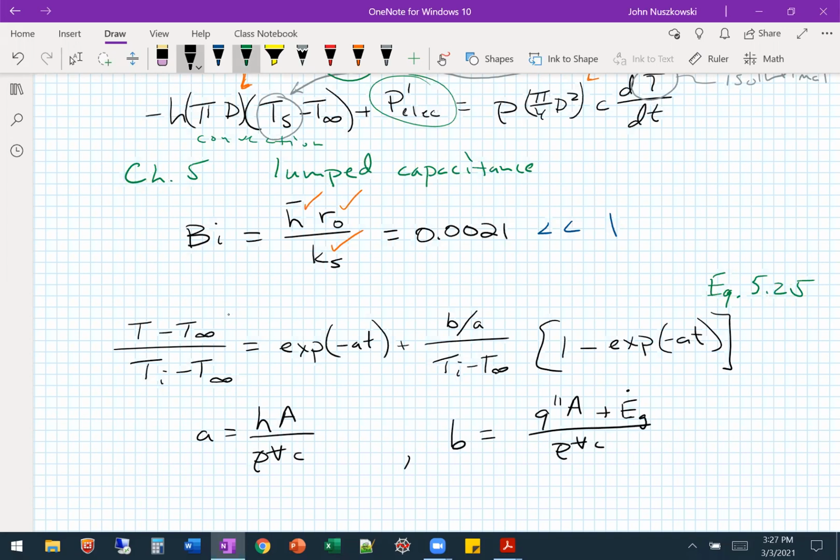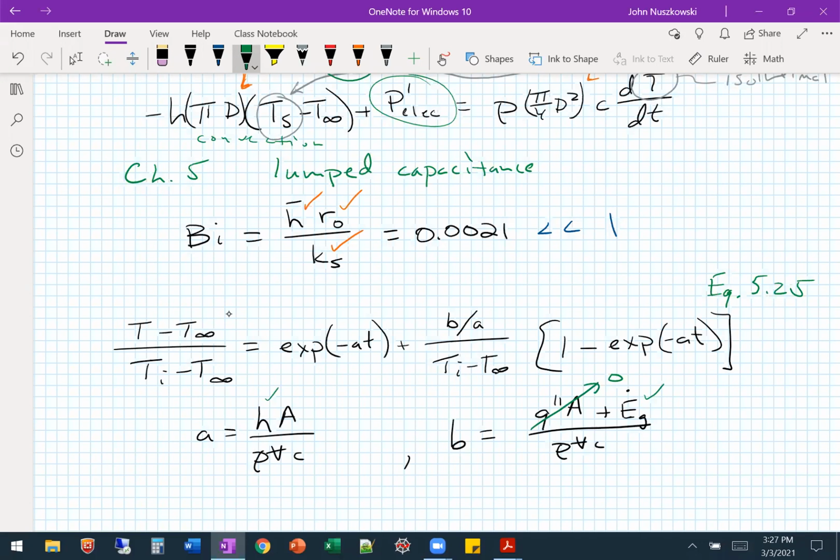Okay. So I'm not going to spend tons of time on this part because we did chapter 5 before. We do not have any surface heat flux, right? We have convection, we have electric power. But there's no applied surface heat flux, like an external heat flux, like a heat lamp or anything like that.